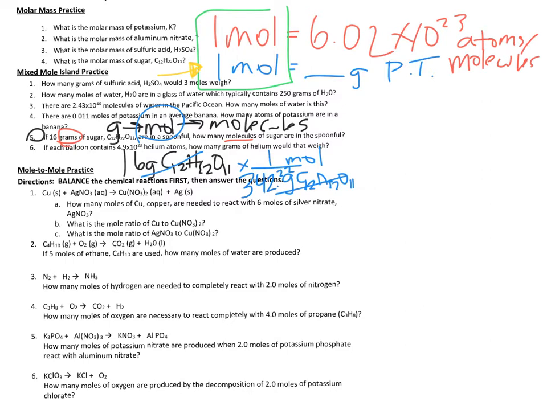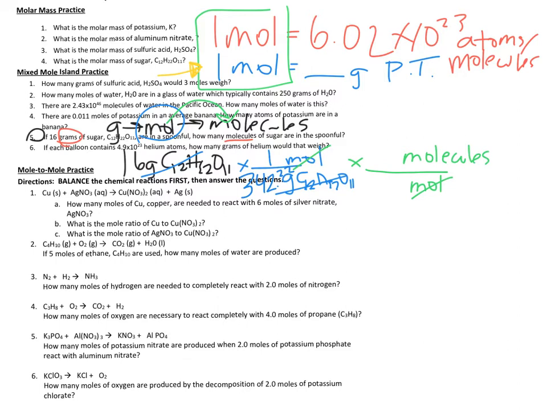Okay, so that's how many grams are in 1 mole of sugar. So we went from grams to moles, and now we have to do the last step, going from moles to molecules. So we can now add a second conversion factor where we're going to put moles on the bottom so that it cancels the moles there, and we are going to put molecules on top.